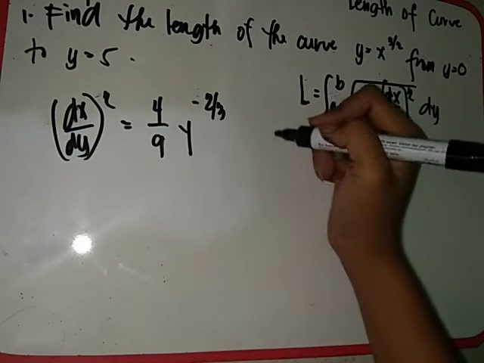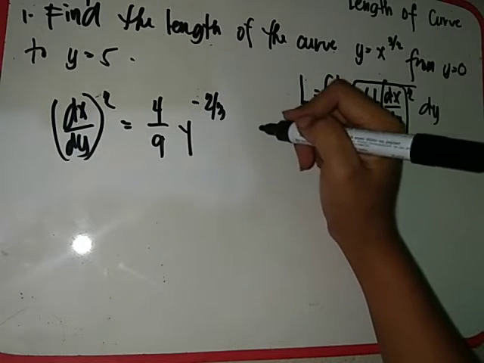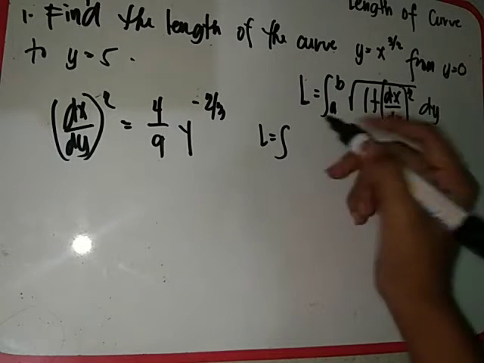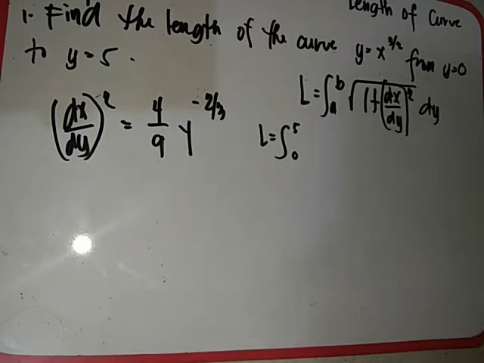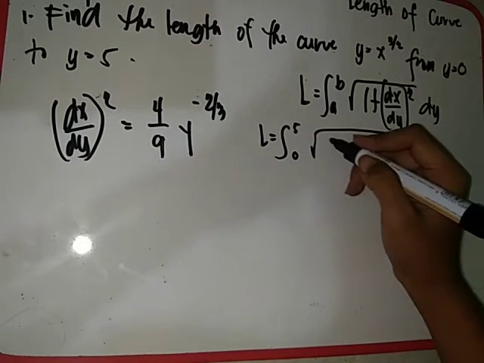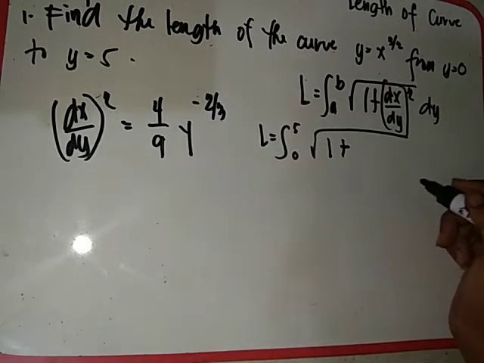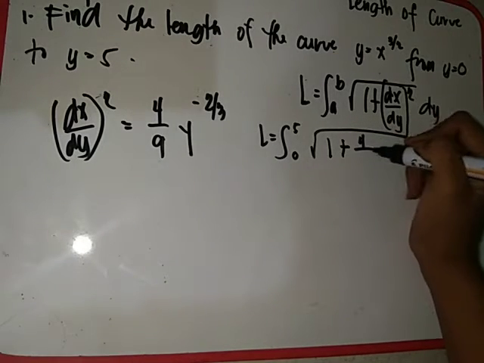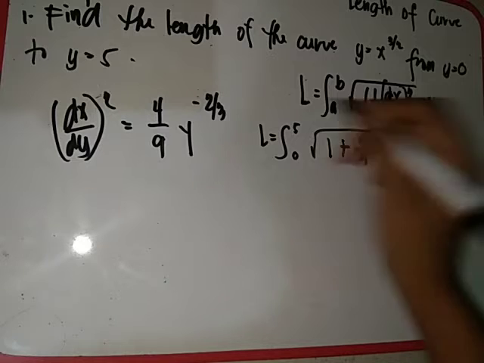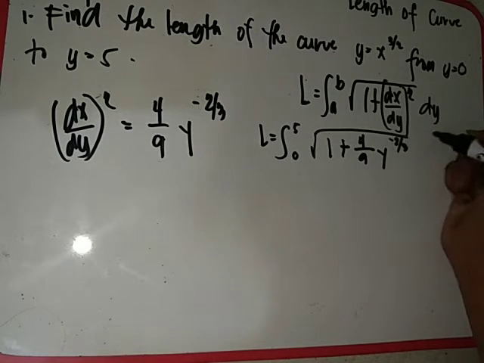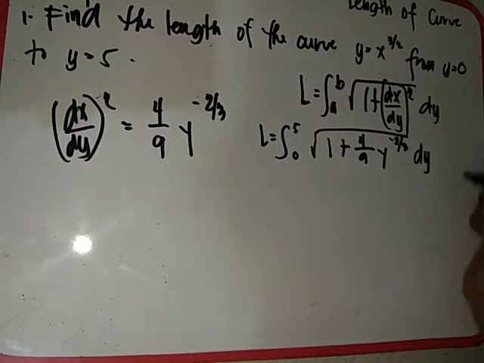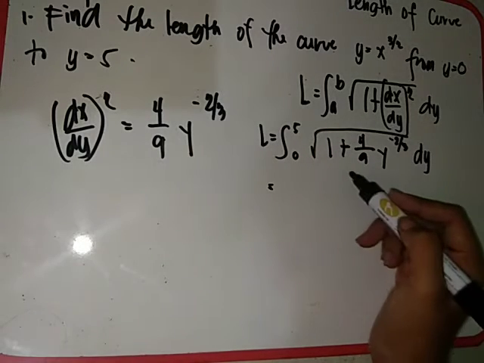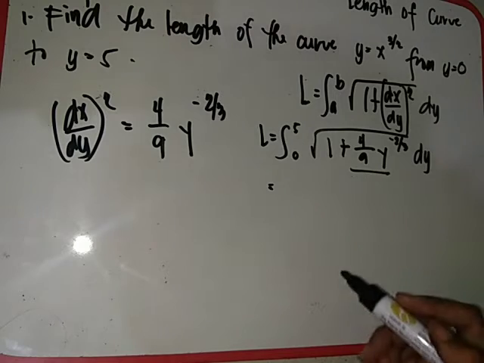So let's substitute. We have the length is equal to the integration from y equals 0 to 5 of the square root of 1 plus 4 over 9 y raised to negative 2/3 dy. So we'll factor this out.